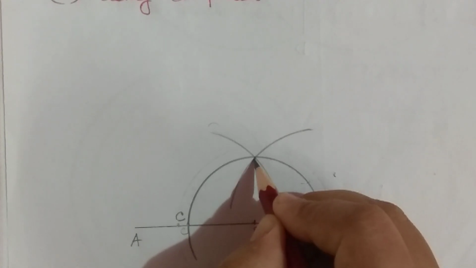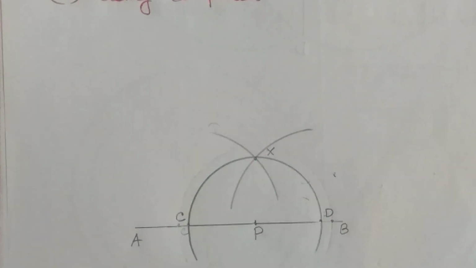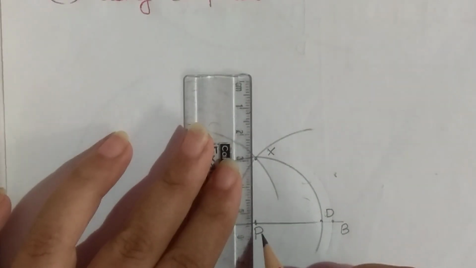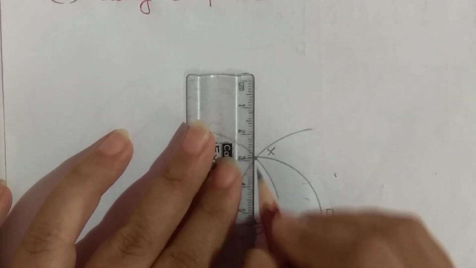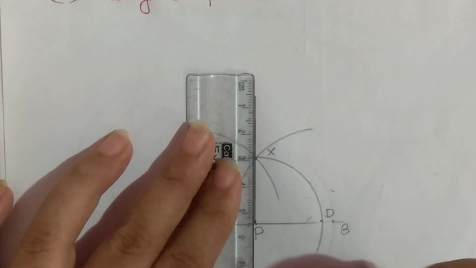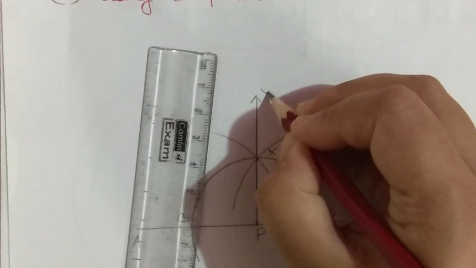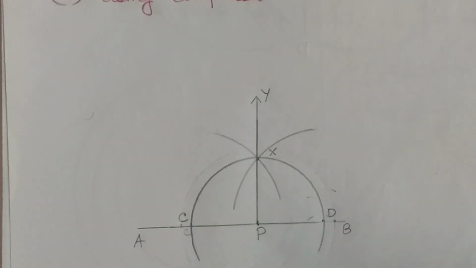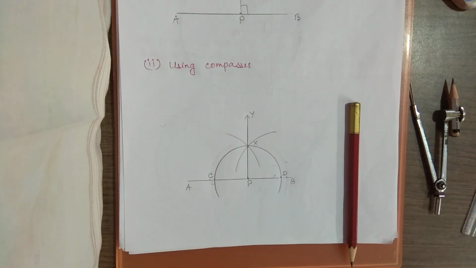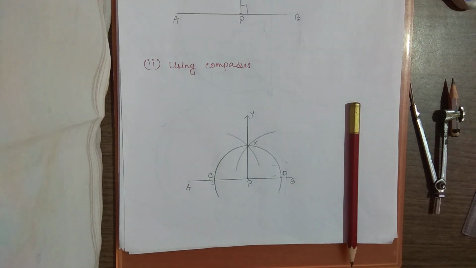Mark that point as, suppose, X. Now using the ruler we will join PX and produce the side, marking it as Y. So now PY is the ray perpendicular to AB. In this way we can construct a perpendicular using square set and compass.